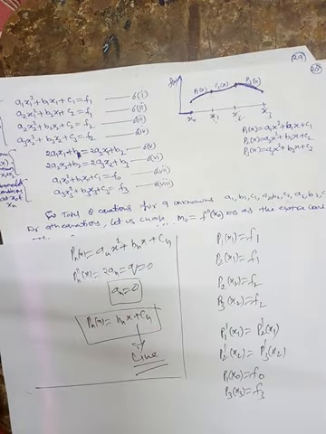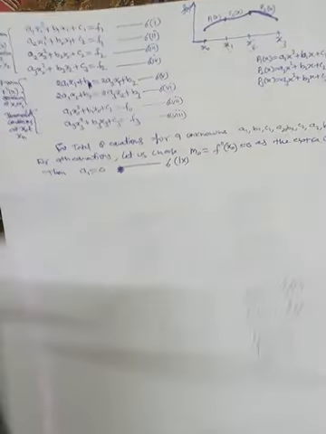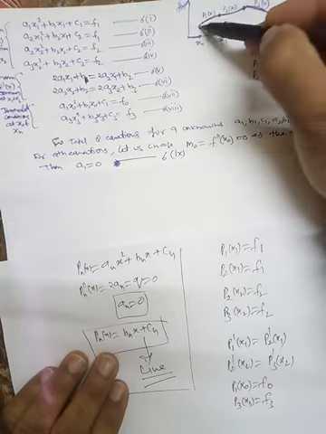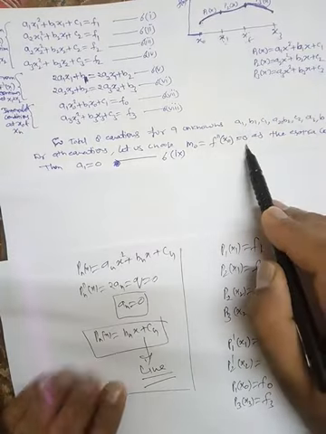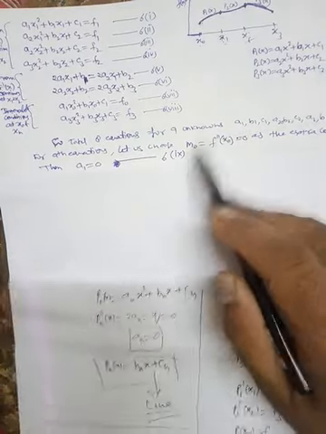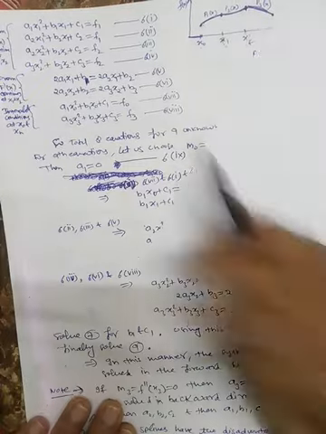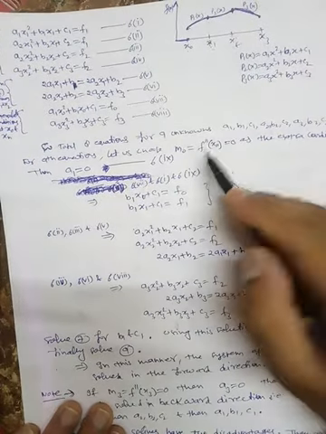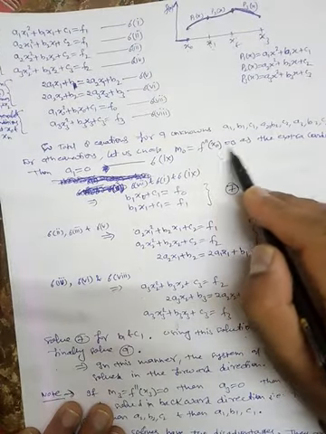Okay. Now suppose the second derivative at this point is given to you as 0. That means capital M0, which is nothing but the second derivative at x naught, is 0.